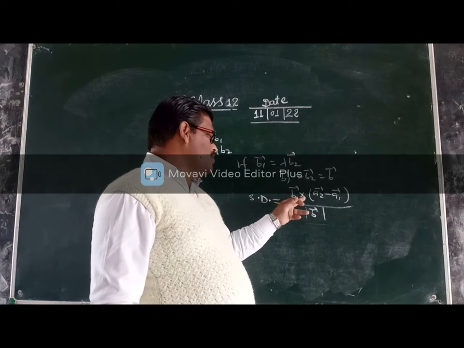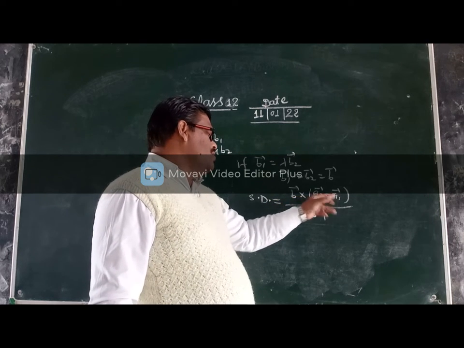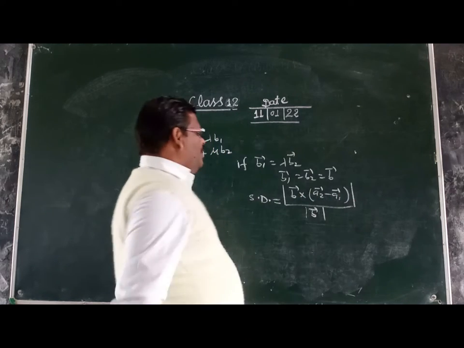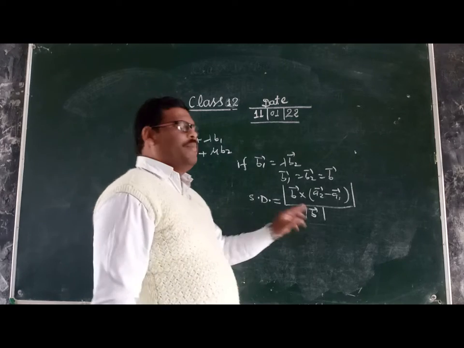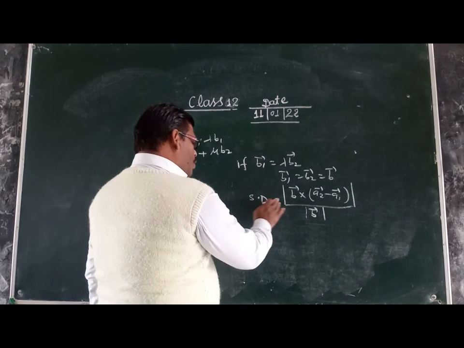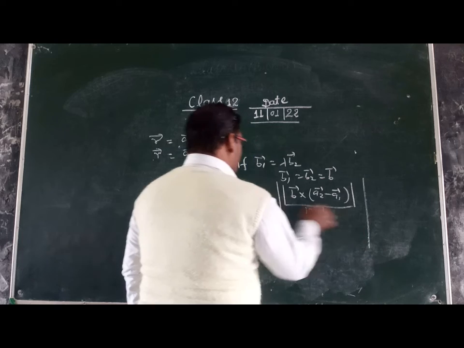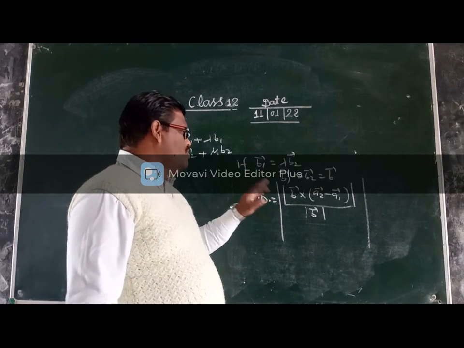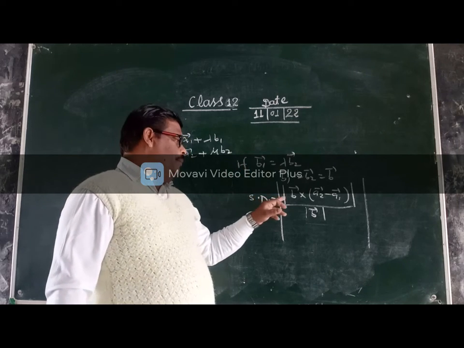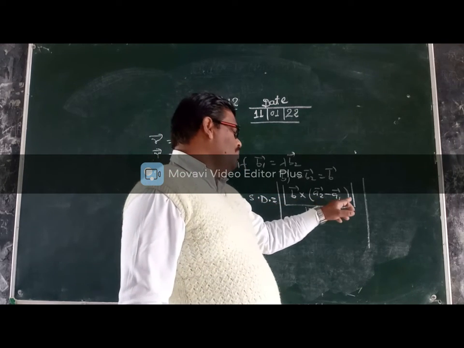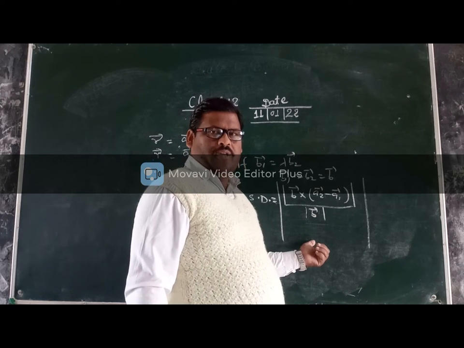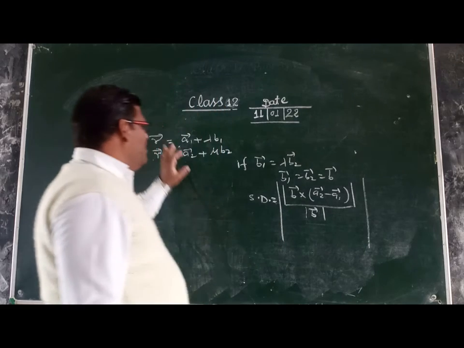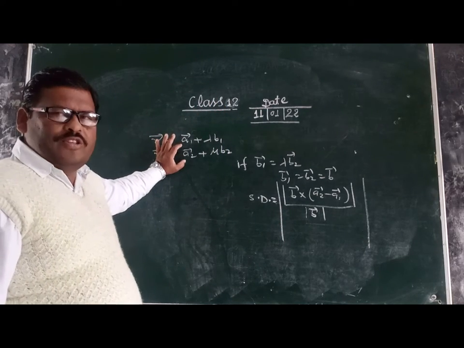Now take the modulus of vector v cross (a2 minus a1), divided by the modulus of vector v, so that it will be positive. The shortest distance of the lines will be mod of v1 cross (a2 minus a1) by mod of v1. That is possible if and only if the given lines are parallel to each other.